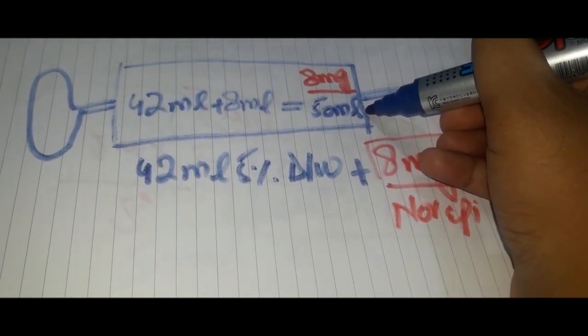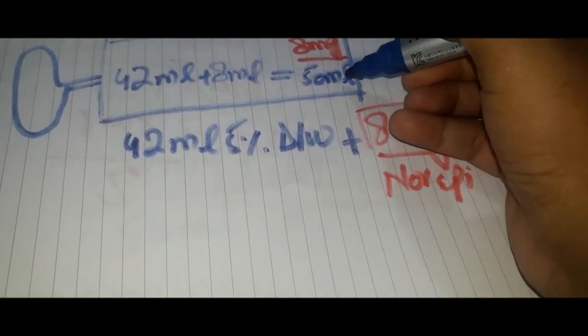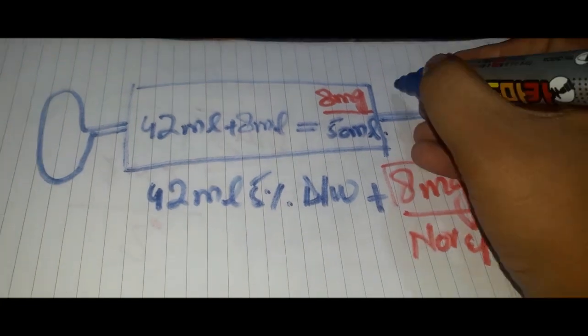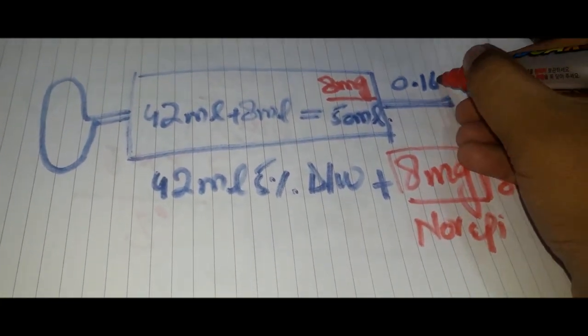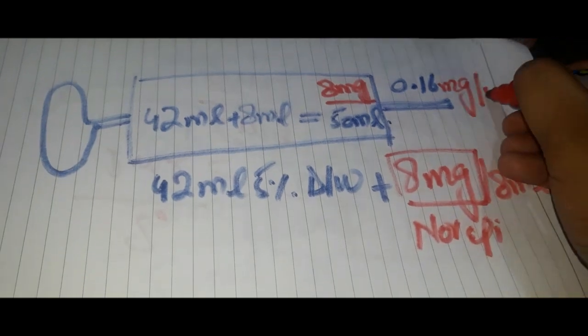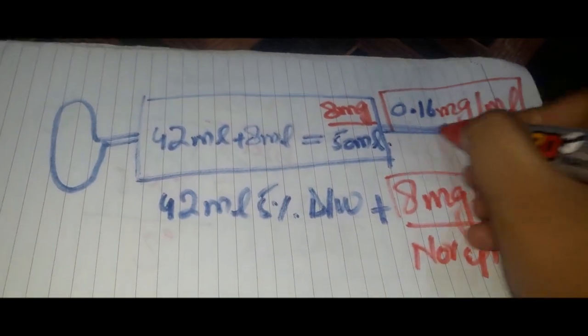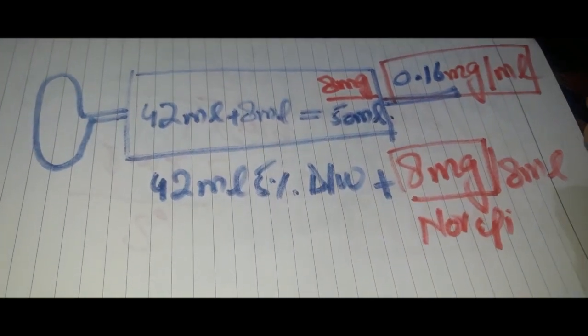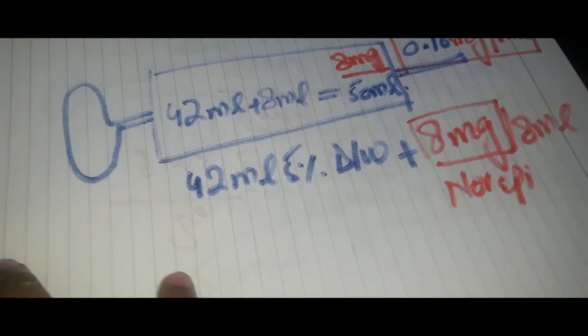Now we have to calculate the concentration. So simply divide 8 mg by 50. So your answer will be 0.16 mg per ml. It is the simplest form for calculation of the concentration.